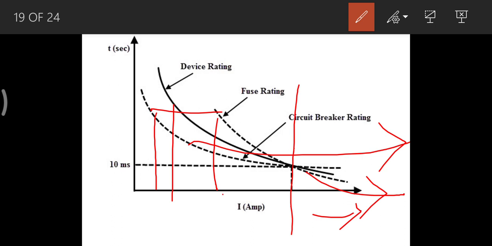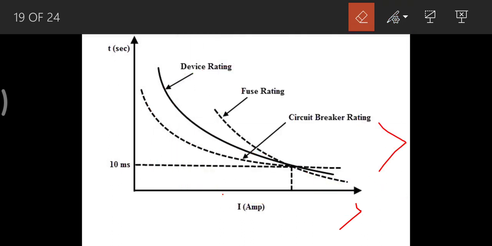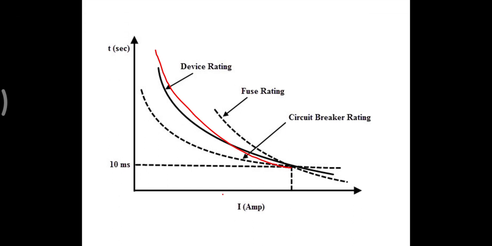By proper study of all these graphs, only then we can choose whether to use the circuit breaker or fuse. After studying all these properties, we decide on fuse or circuit breaker.